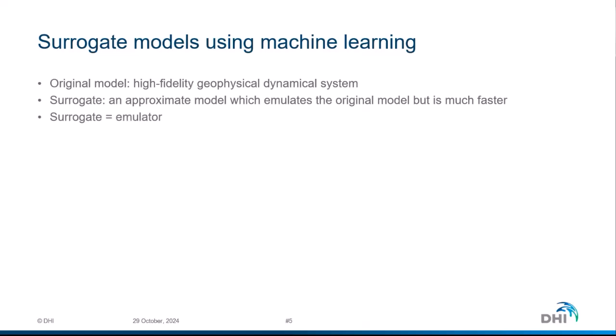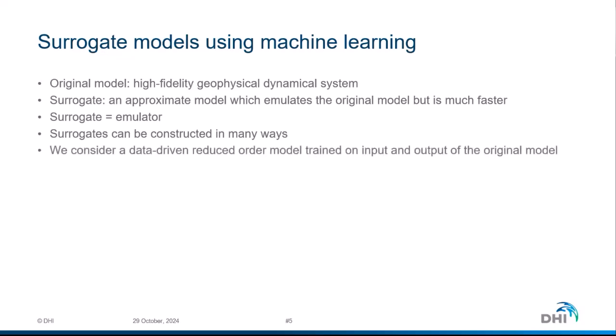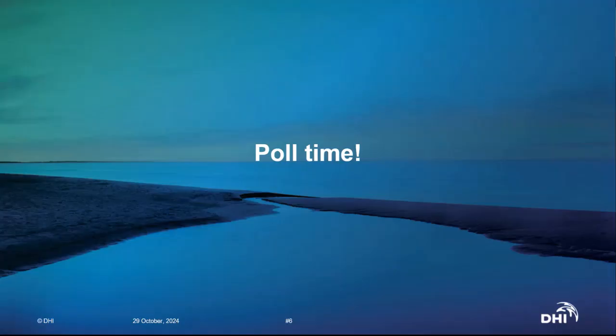You often also hear the word emulator, which is used synonymously. Surrogates can be constructed in many ways, for example derived from conceptual physics. What we are considering in this talk is data-driven reduced order models, which are trained on inputs and outputs of the original model. I will explain that a lot more in a minute, but let's first get to know you a little bit.